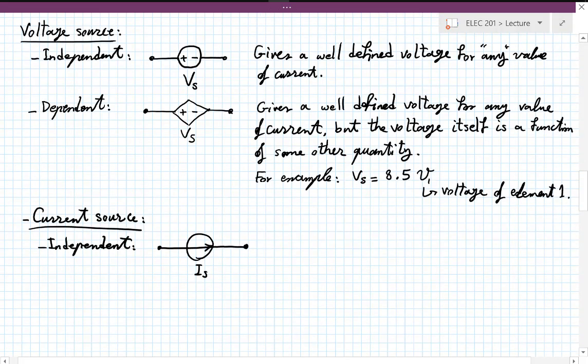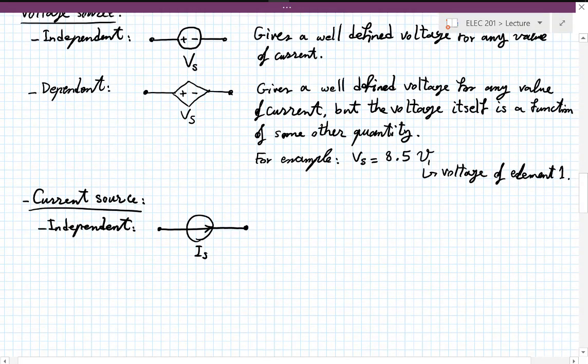So a current source works very much in the same way, but there is a duality here. A current source gives a well-defined current, in this case Is, in this direction from left to right, for any value of voltage.